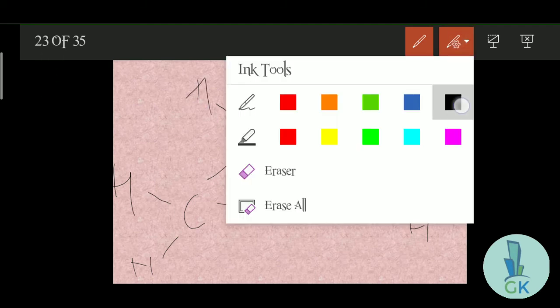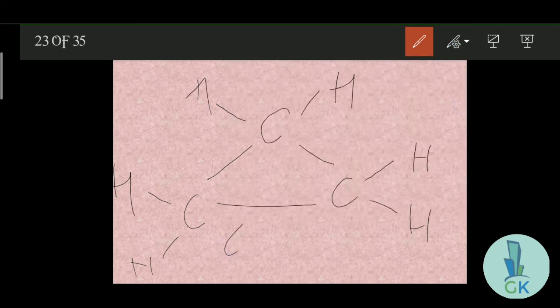So the formula for cyclopropane will be C3H6. Propane for 3 carbon atoms, and 6 hydrogen atoms are there. So this is the structure for cyclopropane.